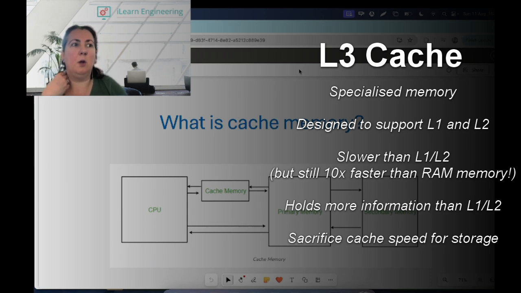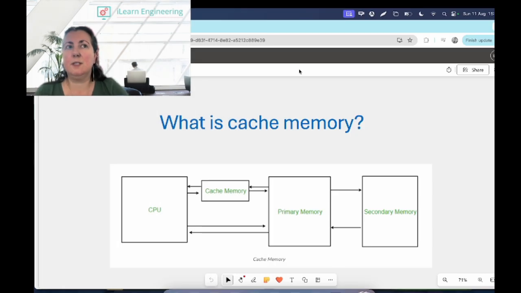So L1 and L2 can still be very, very quick, and L3 will hold a lot more. It's still a lot faster than RAM, about 10 or so times faster. So it's still very fast, but because we have a lot more storage there than the others, we're sacrificing that speed for storage.